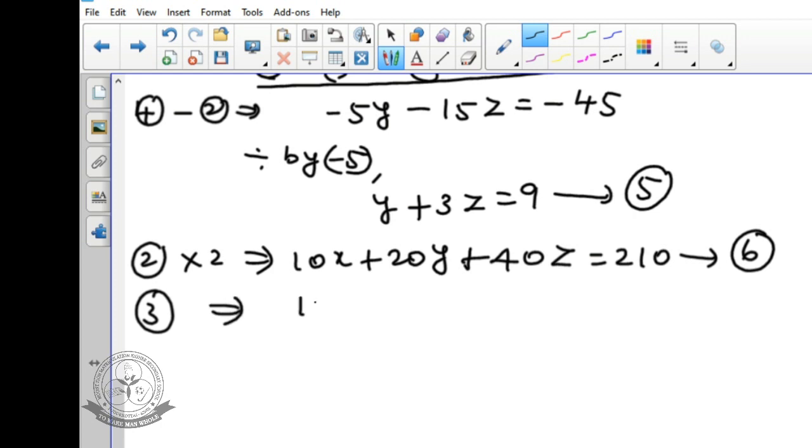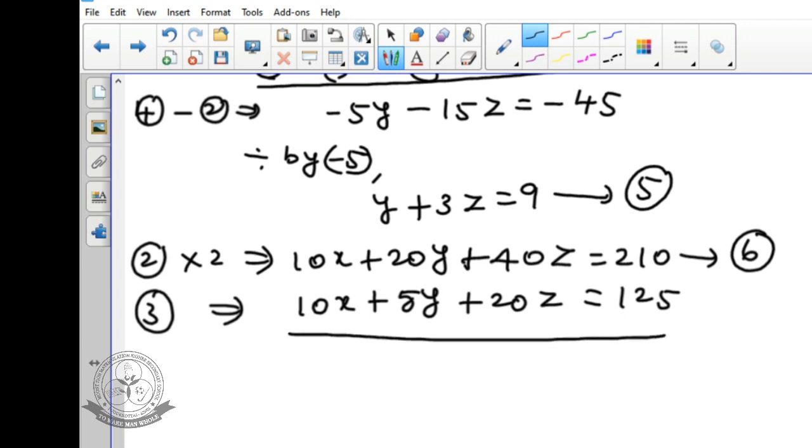Equation number 3 is 10x plus 5y plus 20z equal to 125. Here we are getting 10x, so we have to subtract the equations: equation 6 minus 3.